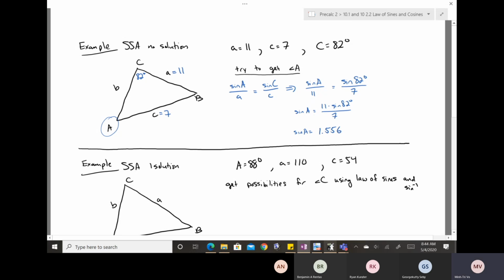You have to be careful about how you interpret this. 1.556 is not the angle. It's the sine of angle A that is 1.556. And as I said previously, the sine of an angle should always be between -1 and 1, so it should never be bigger than 1.